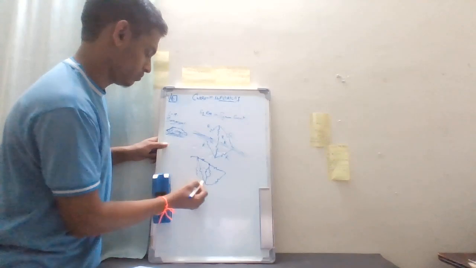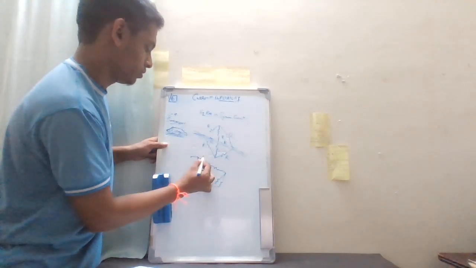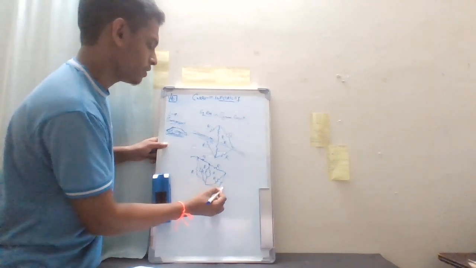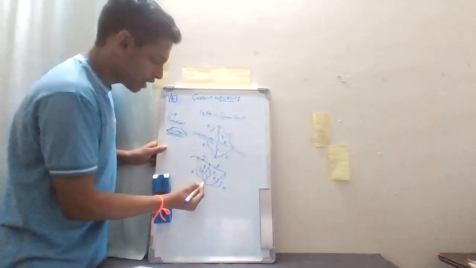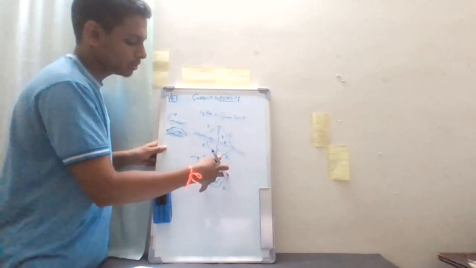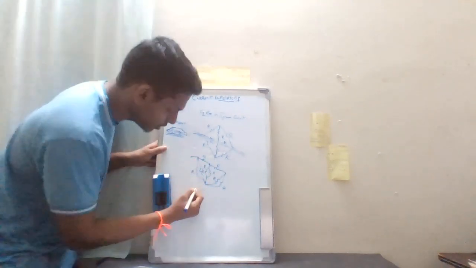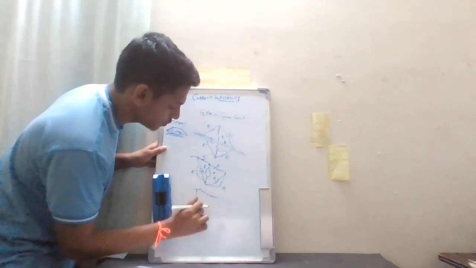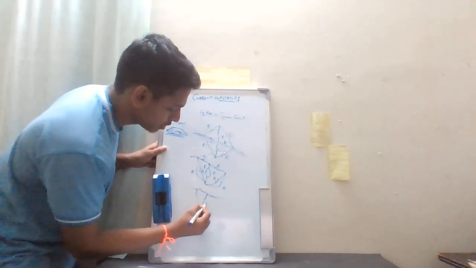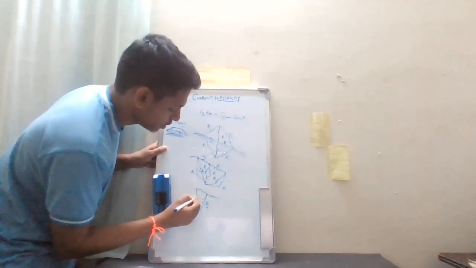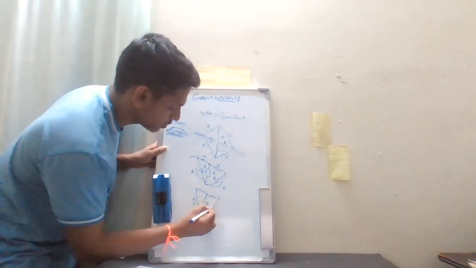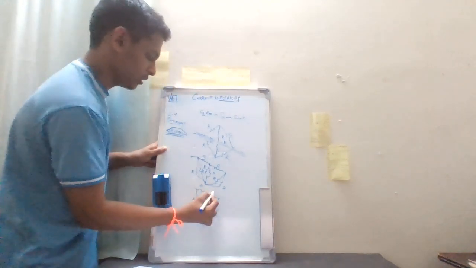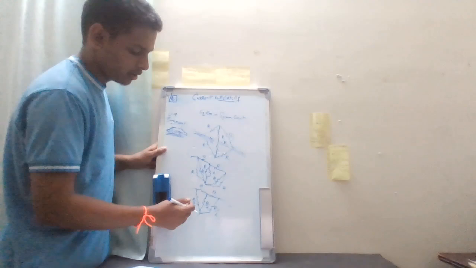So this is R, R, R, R, R, R, R, and R. As they are parallel and here it is common, here it is common, here it is common, this would be R, R, this would be R by 2, R by 2, R by 2, this is R by 2, R and R. Now it just forms a Wheatstone bridge.